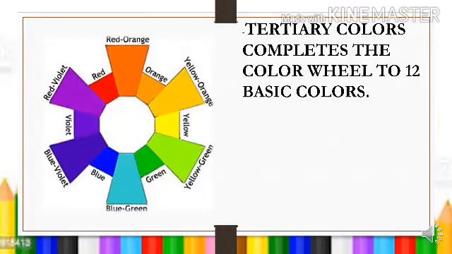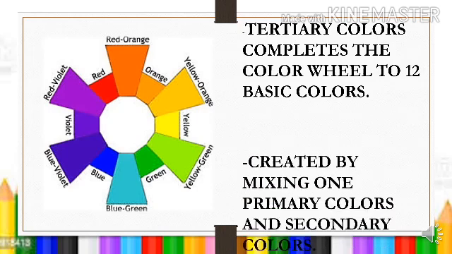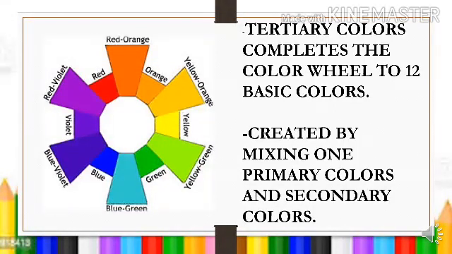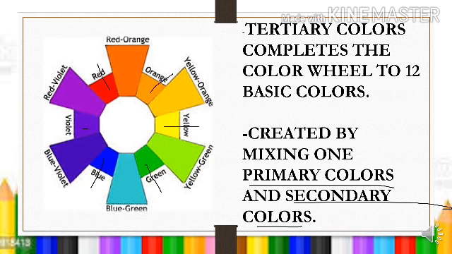Tertiary colors complete the 12 basic colors, created by mixing one primary color and one secondary color. Red, blue, and yellow are primary colors, while orange, green, and violet are secondary colors.